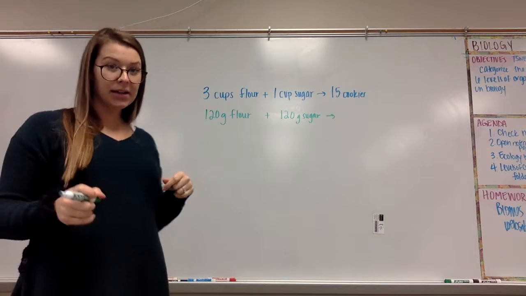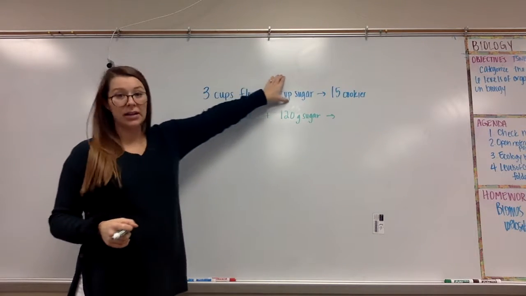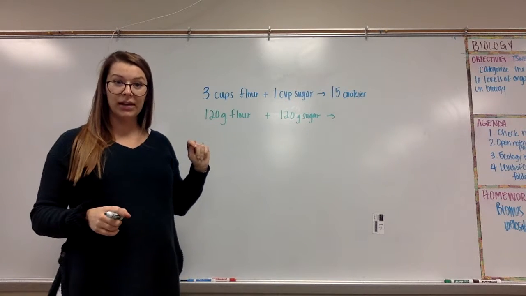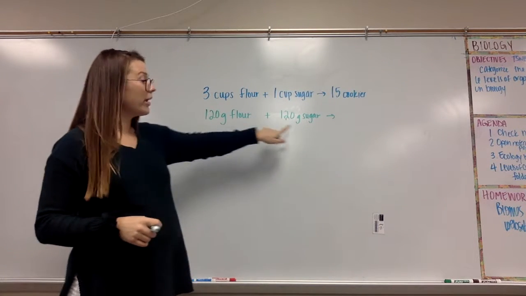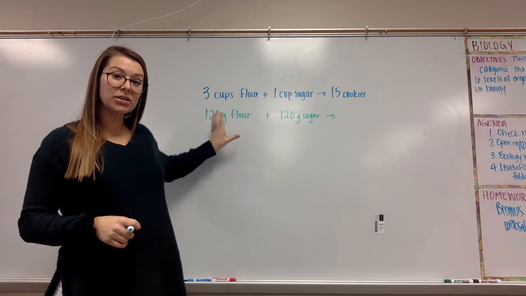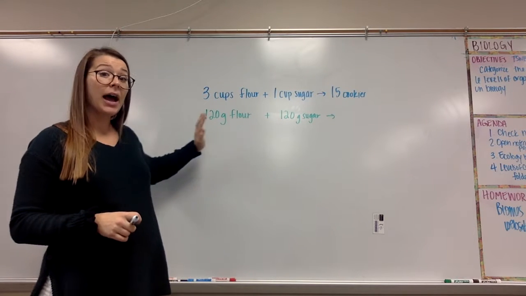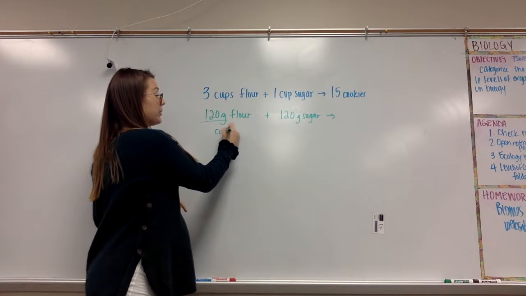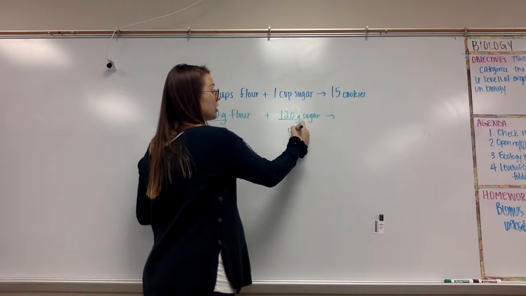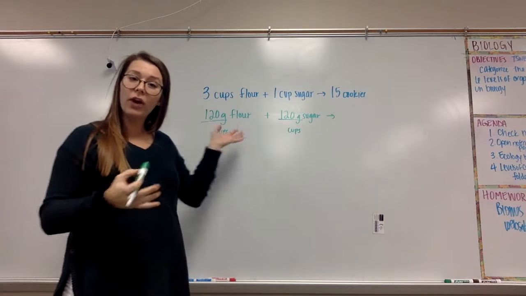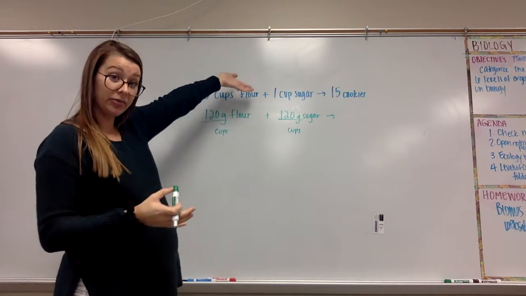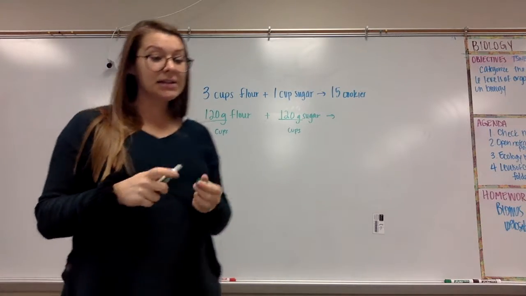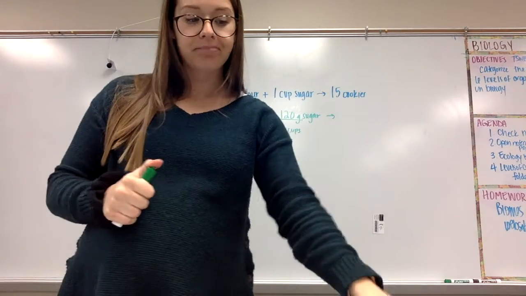Hopefully you realize that my recipe is in units of cups, right? And this is giving me grams. So first, I would need to convert grams of flour to cups and grams of sugar to cups before I can relate it to my actual recipe. Okay, so that's the same idea as what we're going to be doing today.